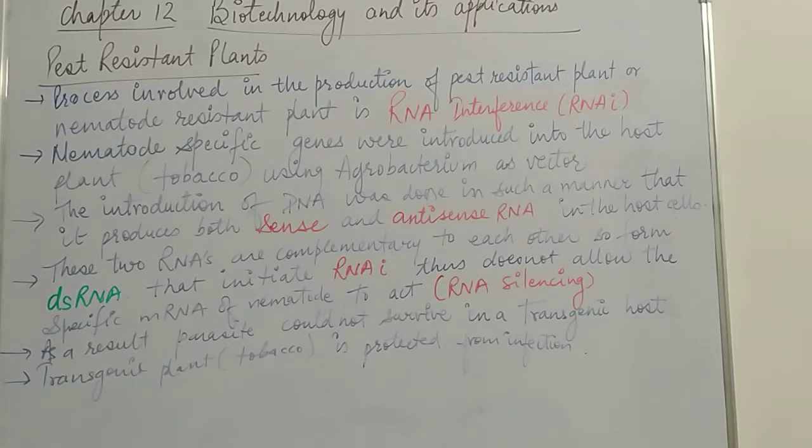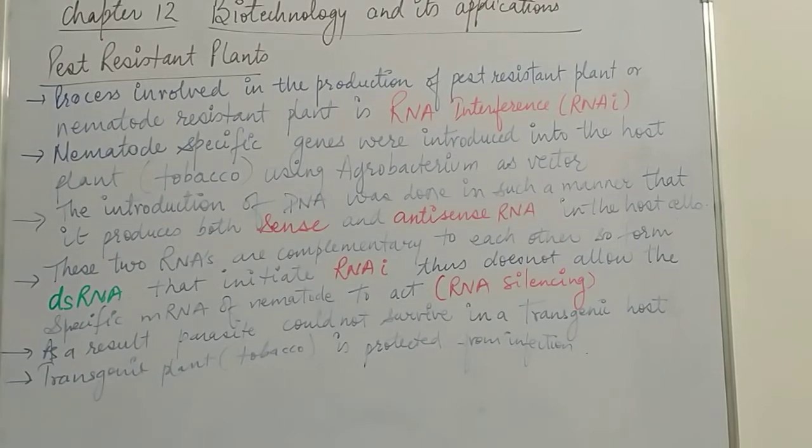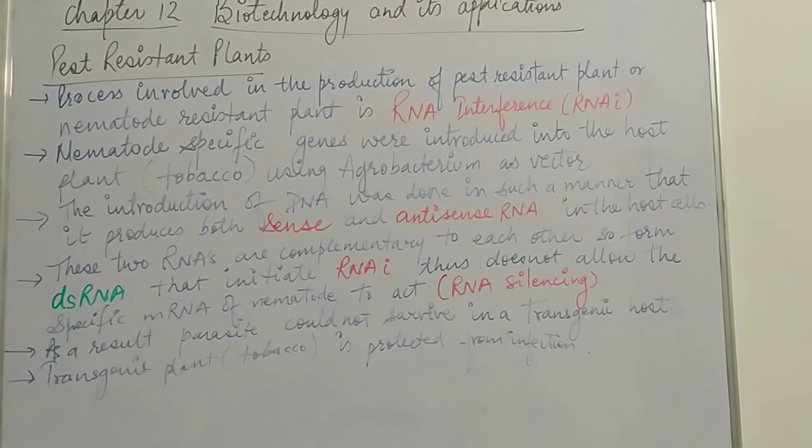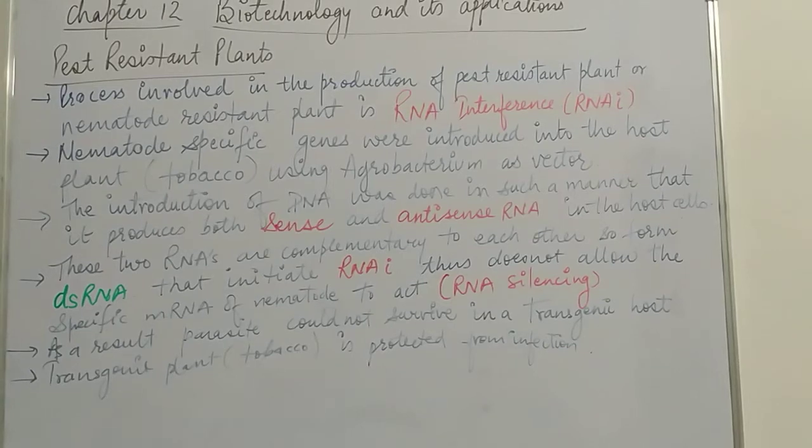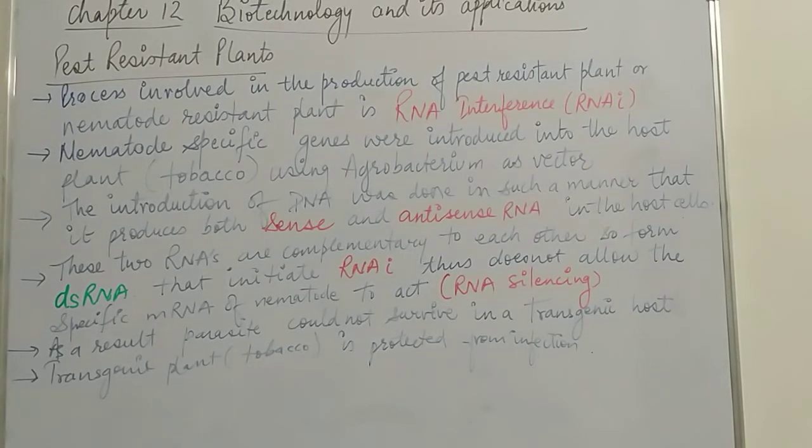So in this process, which involves the production of a pest resistant plant, or what we call a nematode resistant plant, the process is called RNA interference, denoted by RNAi. Nematode specific genes are used, because these nematodes affect the plants.